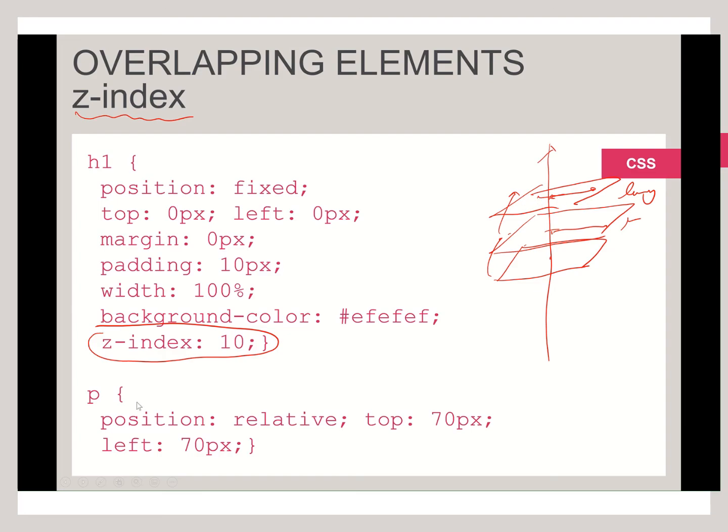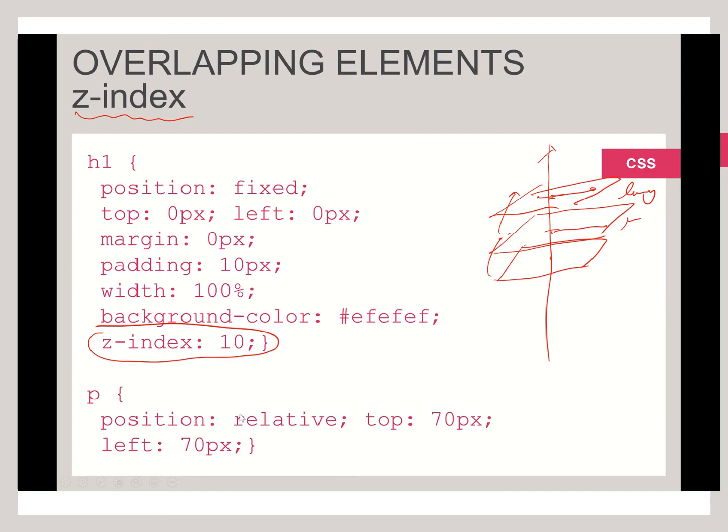Okay? And then for the P, for paragraph, in fact, we use relative, top 70 pixels and left 70 pixels. This means we relatively position each paragraph, because now we don't specialize any example paragraph.